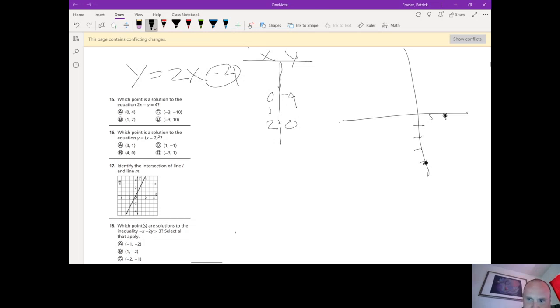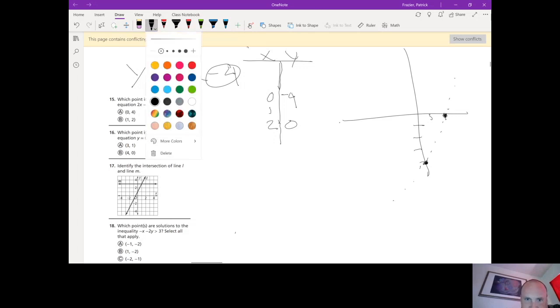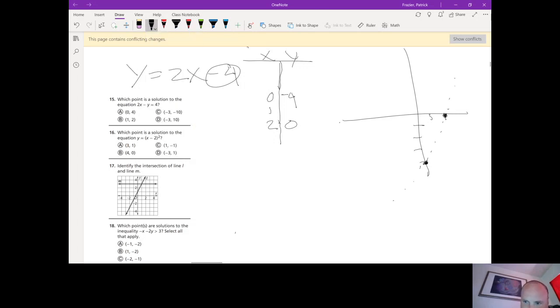Well, we know this is a line, and the reason I did this, I know this is Algebra 2, and some of this content may be overly simplistic for some of you, and for some of you, not so much, but when it says which point, a point is just any point along the line that connects these coordinates, these ordered pairs.